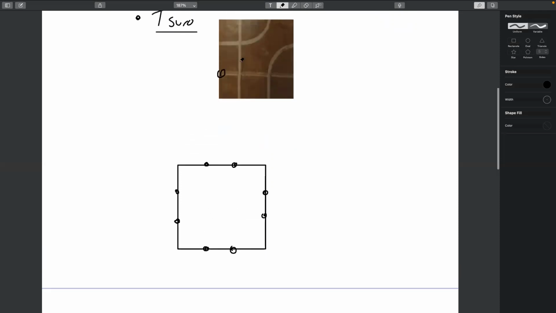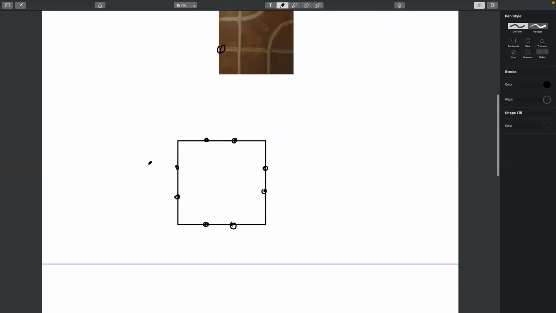And for the pathways connecting these points, we always have a pair of points connected by a path. So if we wanted to build a Tsuro tile, we could do it by just randomly connecting these up in different ways. This would be a valid Tsuro tile.